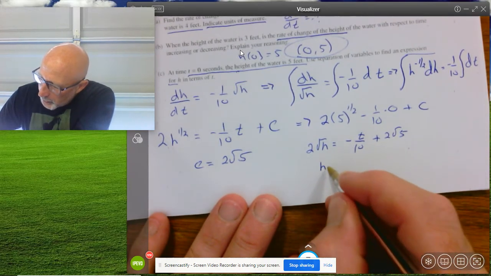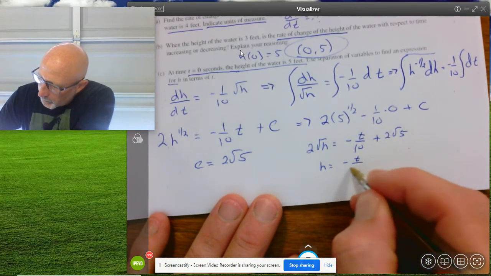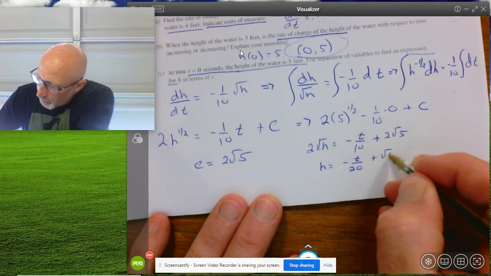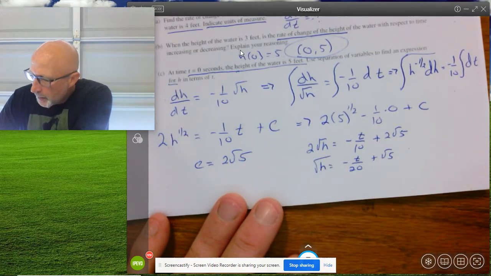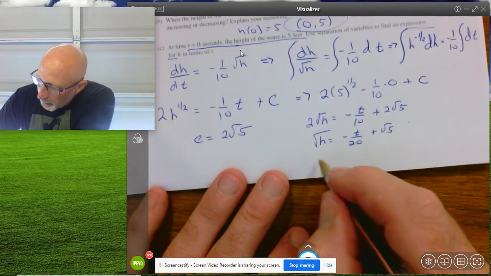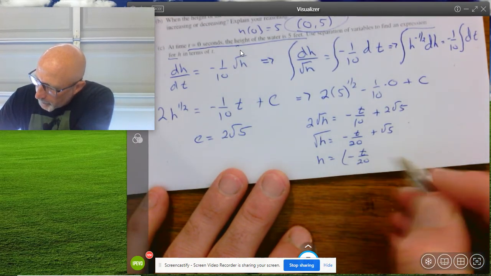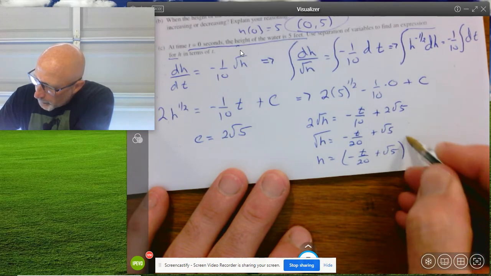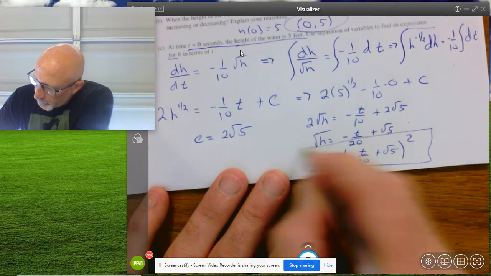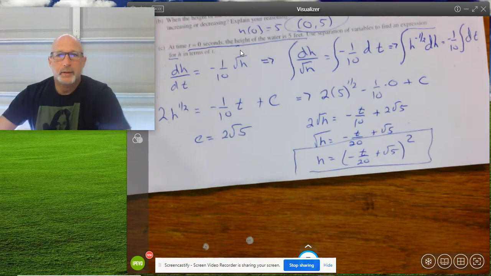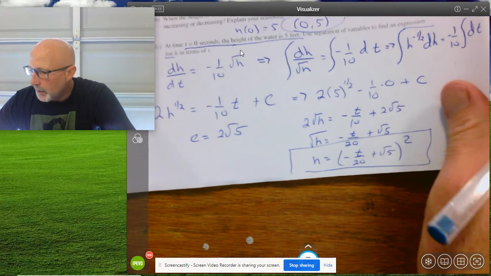So I have the square root of h is equal to negative t all over 20 plus the square root of 5. And then I just have to square both sides. So h is equal to, and I'm just going to leave it as is, like that. Okay, so that's what our equation for h is going to be. Okay, and that was it.